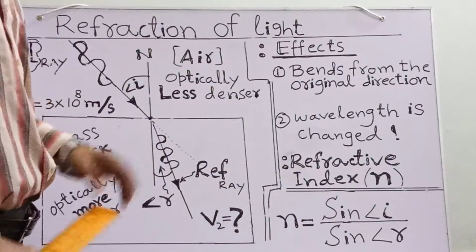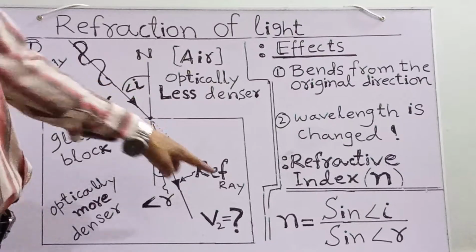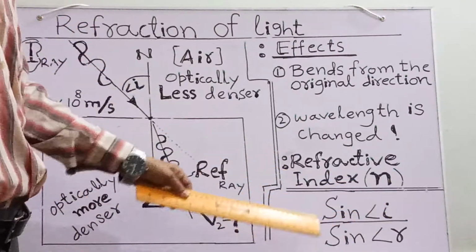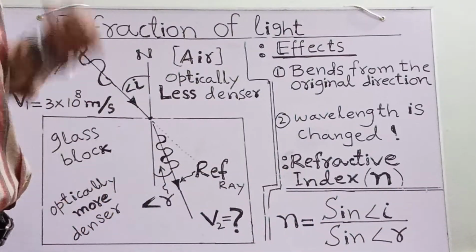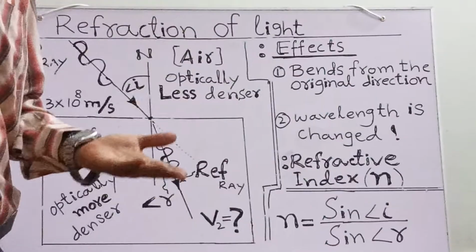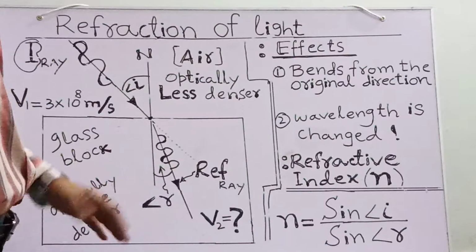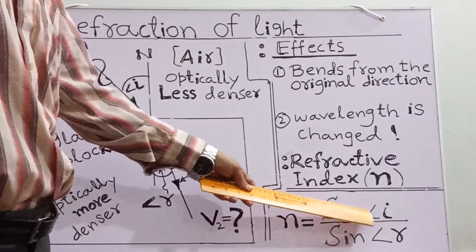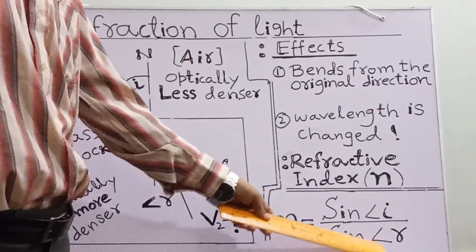We find the sine of the angle of incidence and the sine of the angle of refraction. Hence, how is the refractive index defined? We say that the refractive index of any material is the ratio of the sine of the angle of incidence to the sine of the angle of refraction.